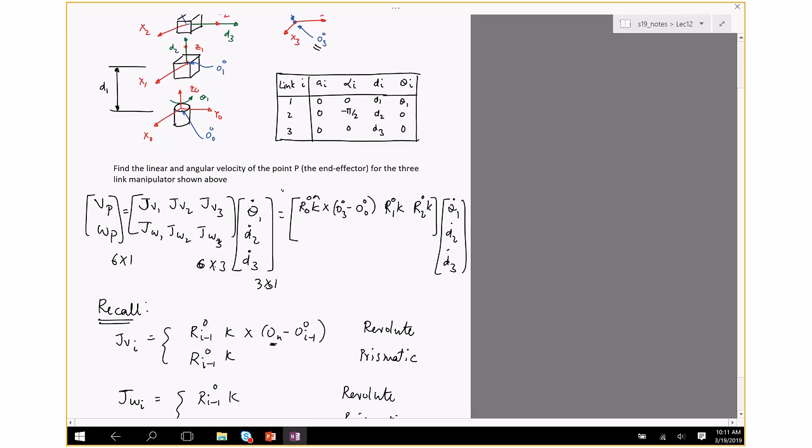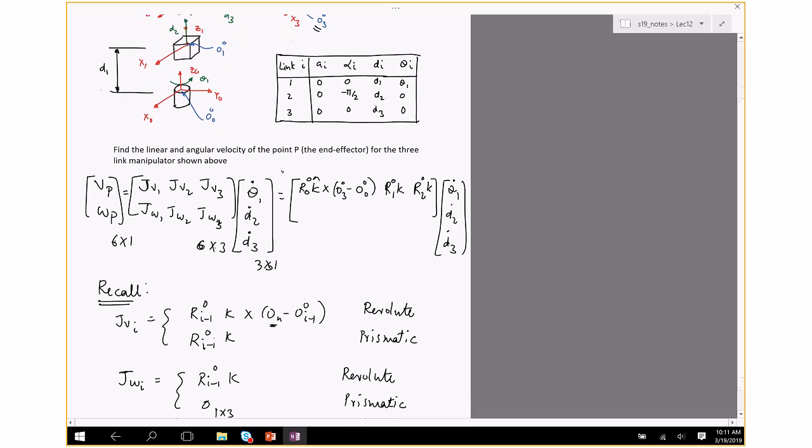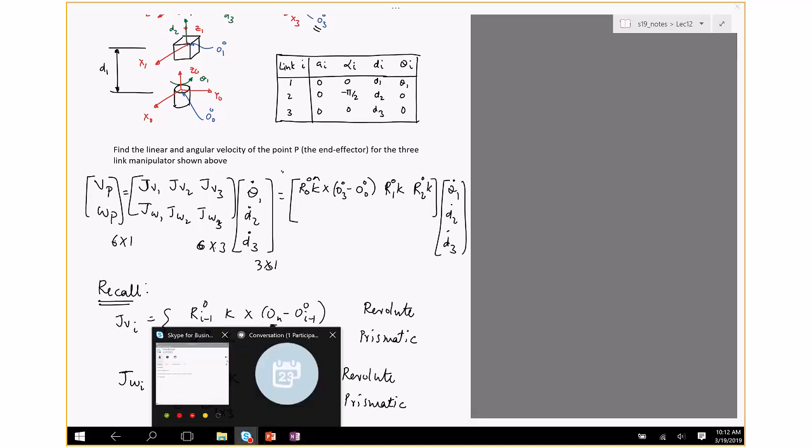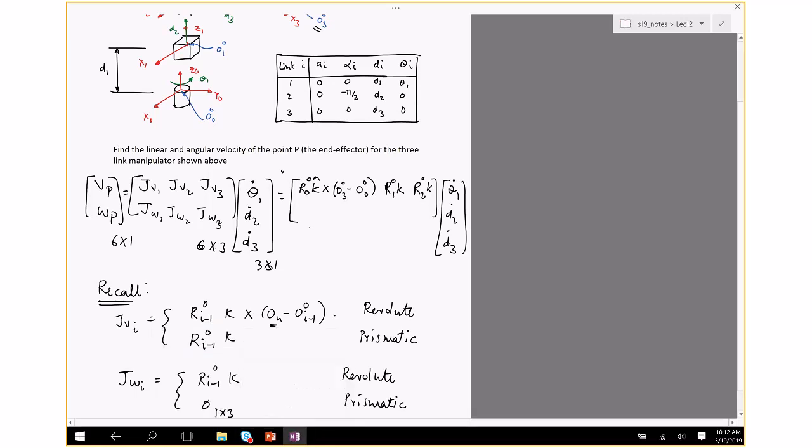Okay, so I'm done with all the JVs. Let me go to J omegas. For J omega 1, I need to choose one of the two. The first one corresponds to a revolute joint, so I choose the revolute joint formula, put I equals 1. So I get R00K.